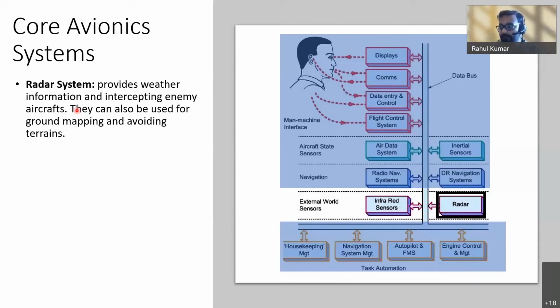With the help of the multi-mode radar, they can track up to 12 aircraft simultaneously, and they can track those hostile aircraft up to 100 miles away from the aircraft, right? So we use this radar system for two purposes. One is weather condition, and the second is tracking different aircraft.